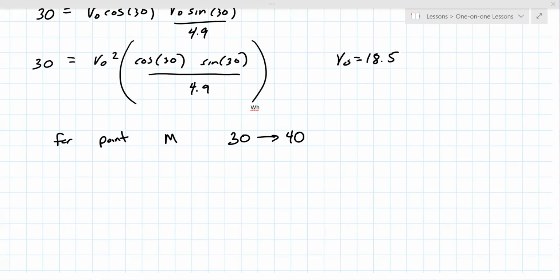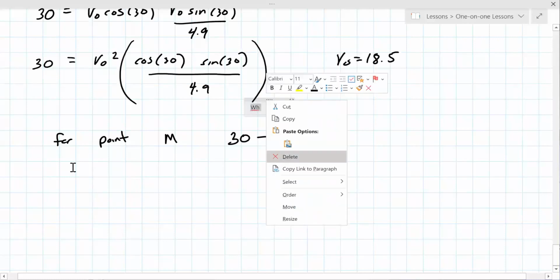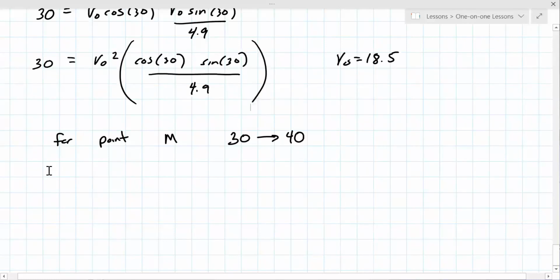It should be a bigger initial velocity. Okay, so we put in 40.